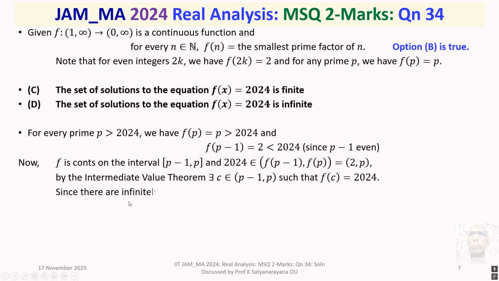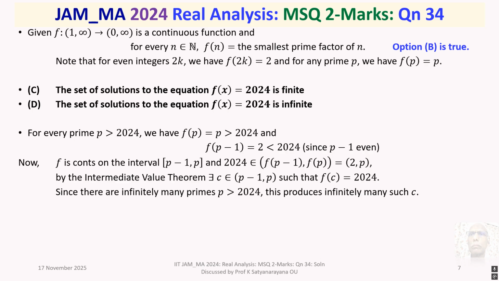Since this happens for every prime number p greater than 2024, and there are infinitely many prime numbers which are bigger than 2024, this produces infinitely many such c.